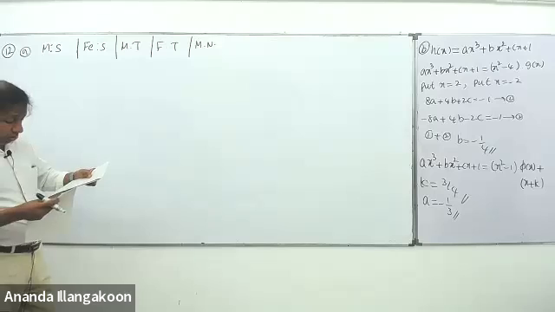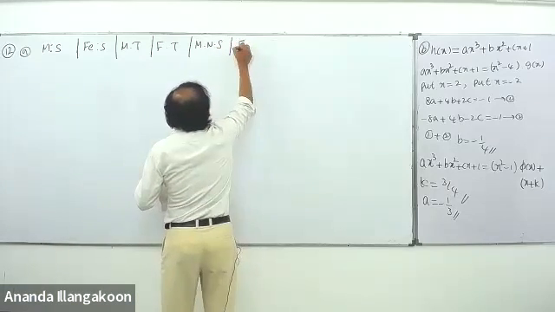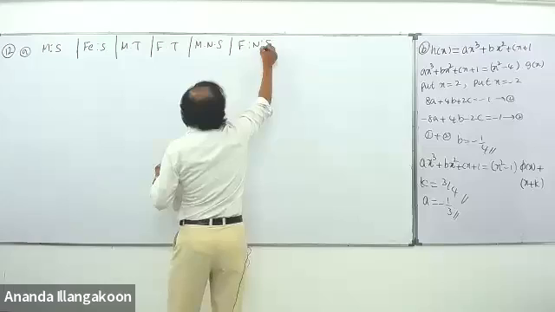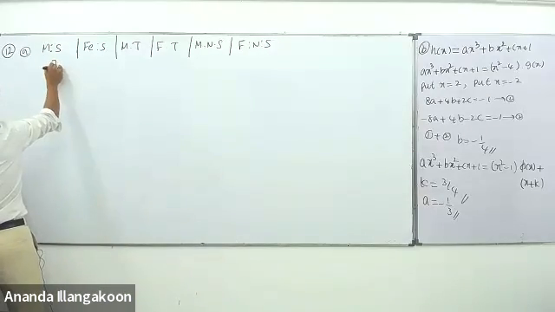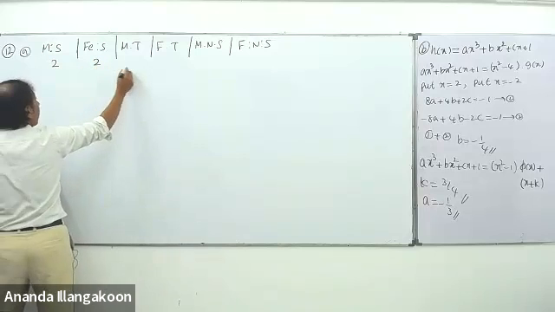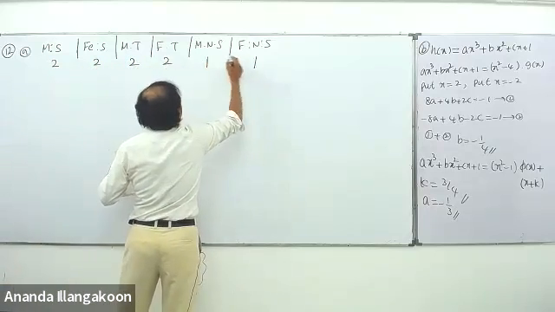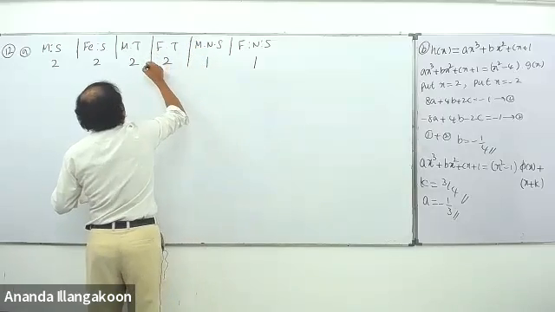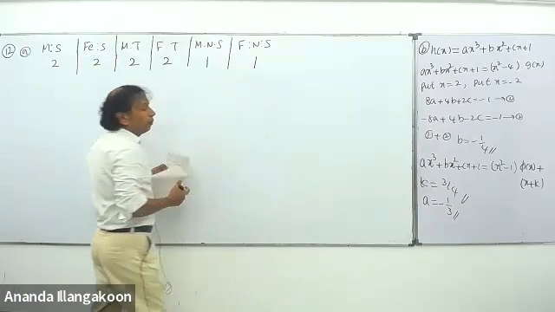Male non-academic staff and female non-academic staff, right? Here 2, here 2, here 2, here 2, 1, 1 given to us. This is a composition. Correct, no?